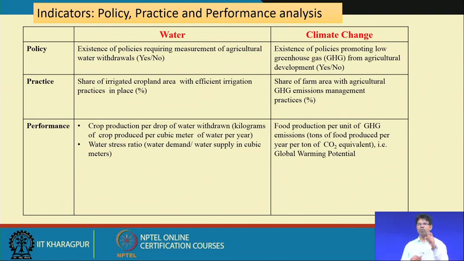Once the policy is in force, farmers should be very cautious to withdraw groundwater. If there is a mechanism for measuring how much water the farmer is withdrawing, then farmers will be very cautious and can only withdraw the amount of water that is required for production.